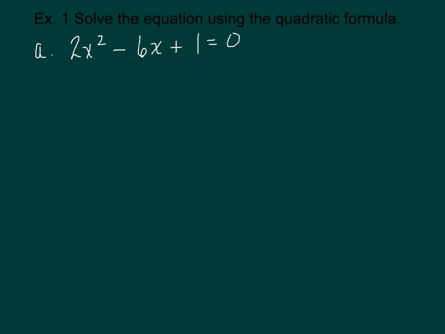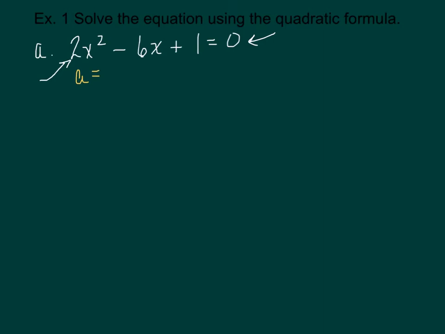Okay, example 1a, we're going to solve the equation using the quadratic formula. The first thing you want to make sure is your equation equals 0. And let's make sure that the leading coefficient is positive so that we all get the same answer. And then you just apply the formula, identifying a.